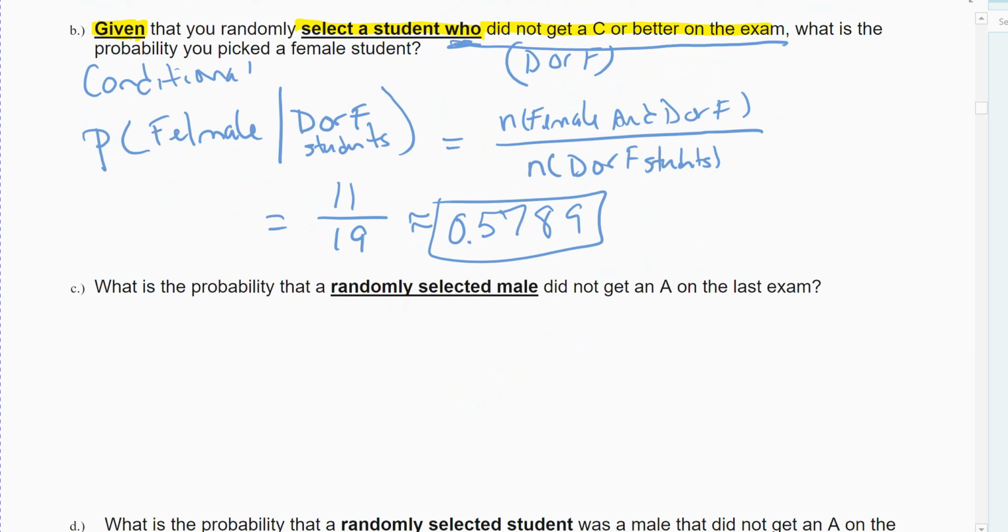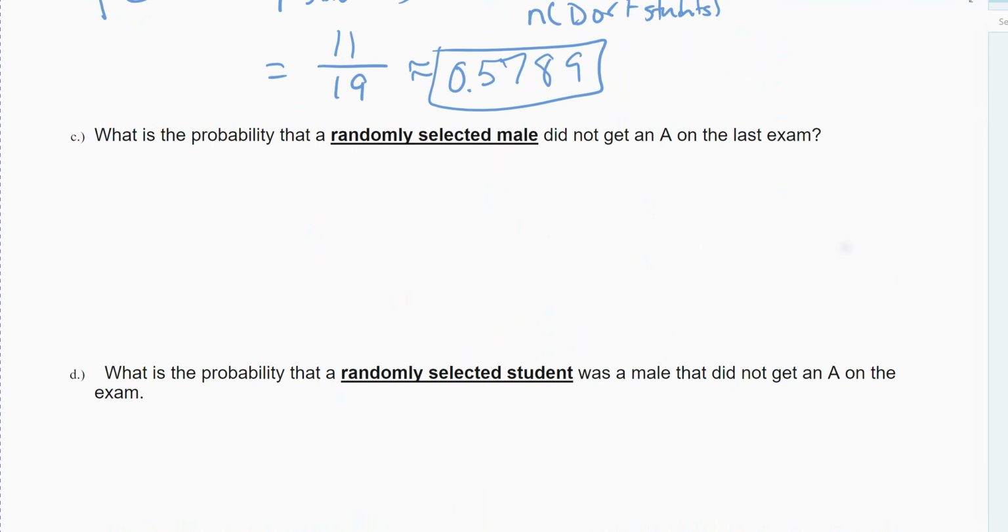Our next example. What's the probability that a randomly selected male did not get an A on the last exam? So again, I'm not randomly selecting any student. I'm picking from a specific group. I'm randomly selecting a male student.